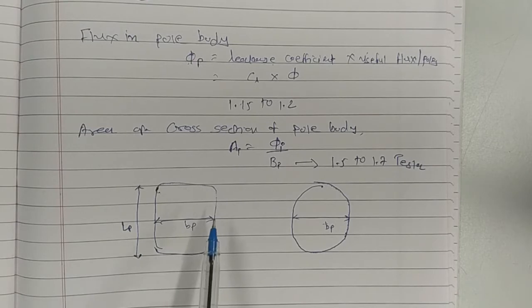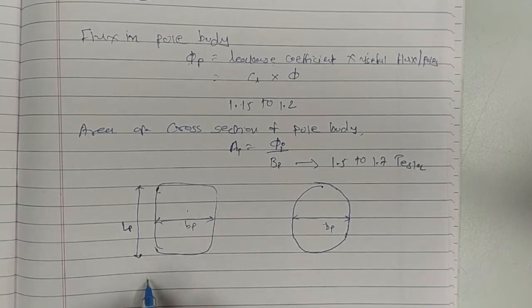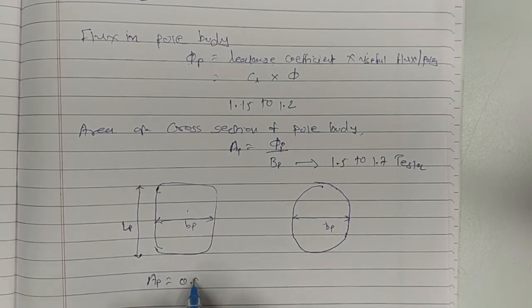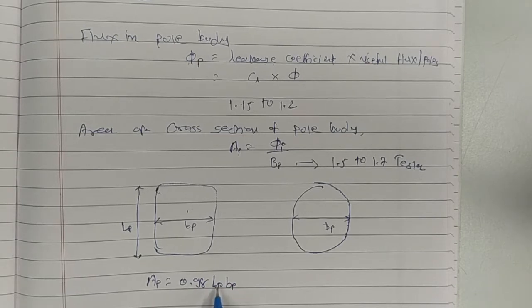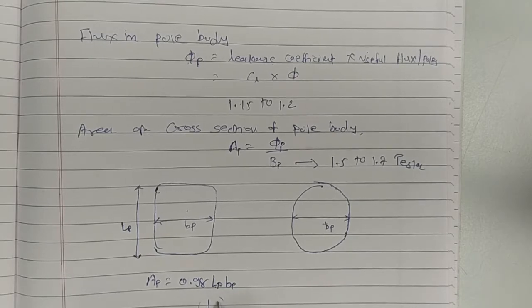For rectangular poles, as shown in this figure, the area of cross section can be calculated as 0.98 times L_P times B_P, and the axial length of the pole L_P is taken as equal to the gross stator core length, that is capital L, the main dimension that we have calculated in case of induction machine examples.